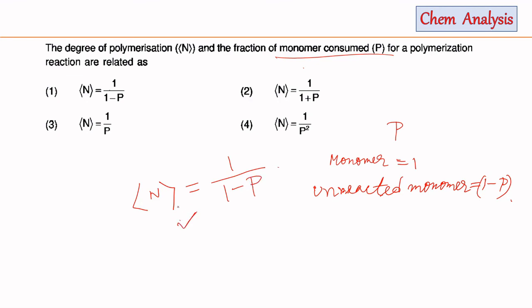So this will be the relation between degree of polymerization n and fraction of monomer consumed in a polymerization reaction. So option number 1 is the correct answer.